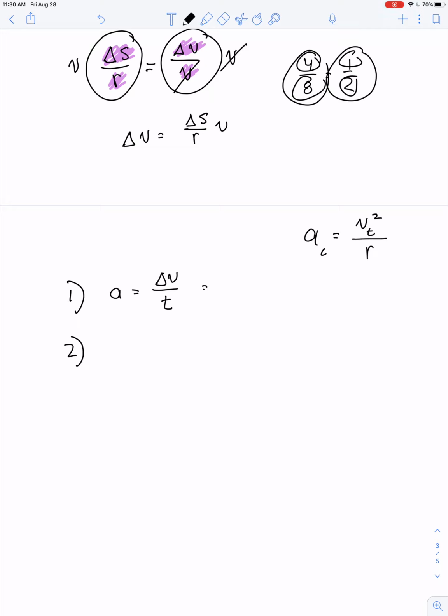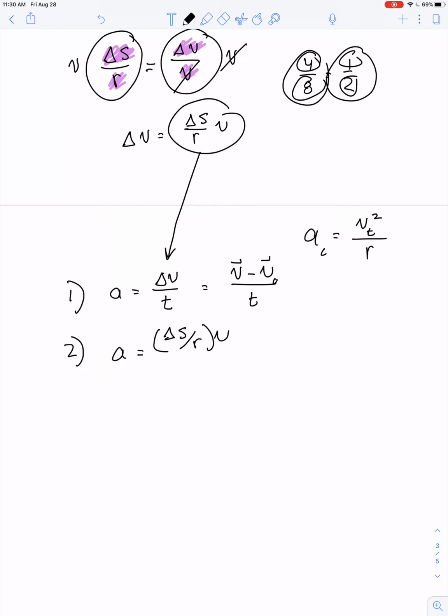And we found that when we let the change in velocity be final velocity minus initial velocity treated as vectors, now we can make this substitution for delta v, and we get a equals delta s over r times v, and then all this, of course, divided by t. So this is a bit of a complex fraction.